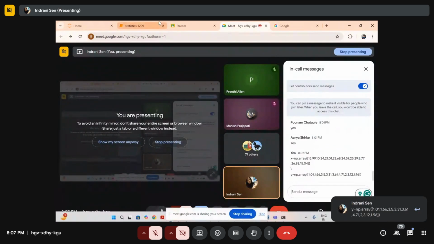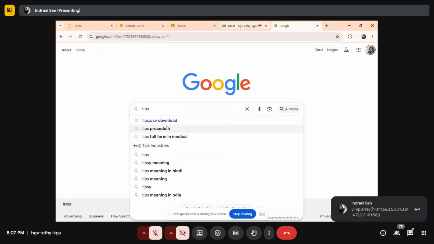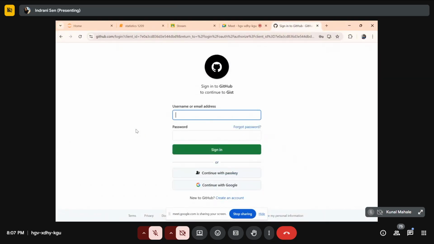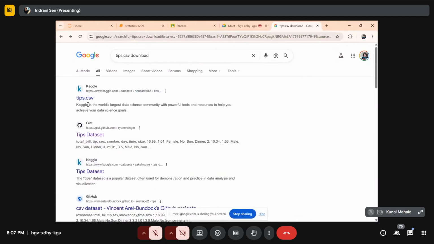So what I'm saying is go to your Google and just write tips.csv download like this. And it is there in the Git also. Download from Kaggle only.